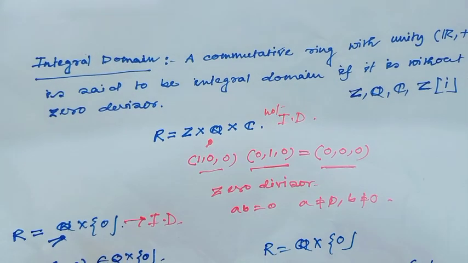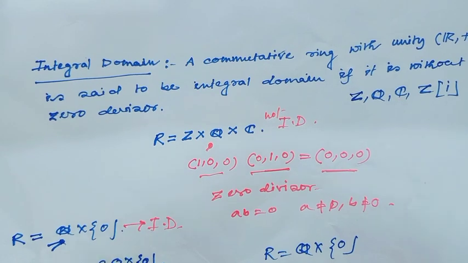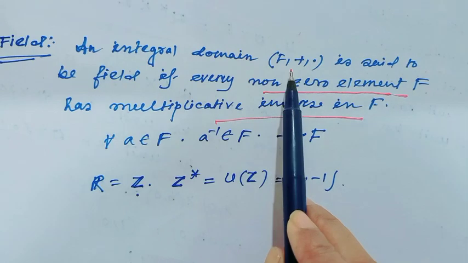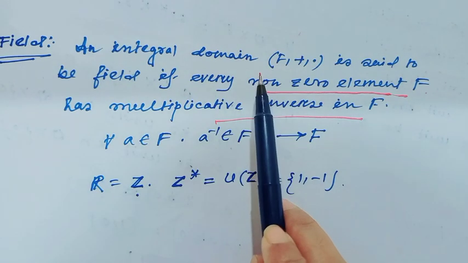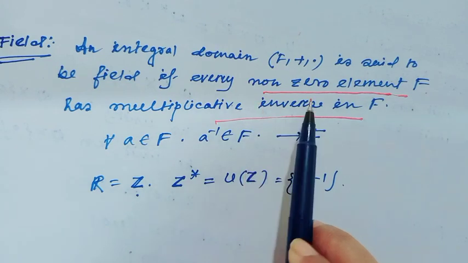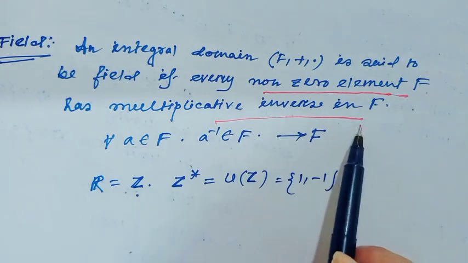Our next observation is field. What is the relation of integral domain with field? Since here the name is field, the ring is denoted as F. An integral domain is said to be a field if every non-zero element of this field has a multiplicative inverse.